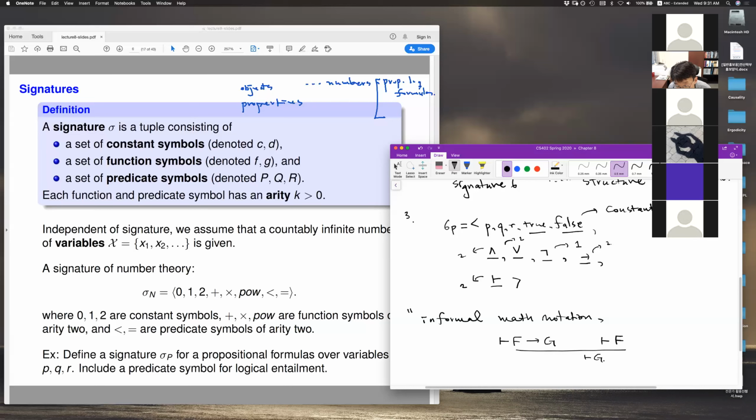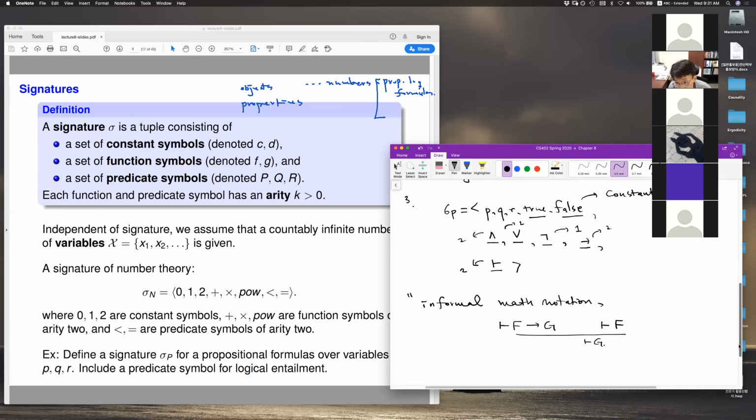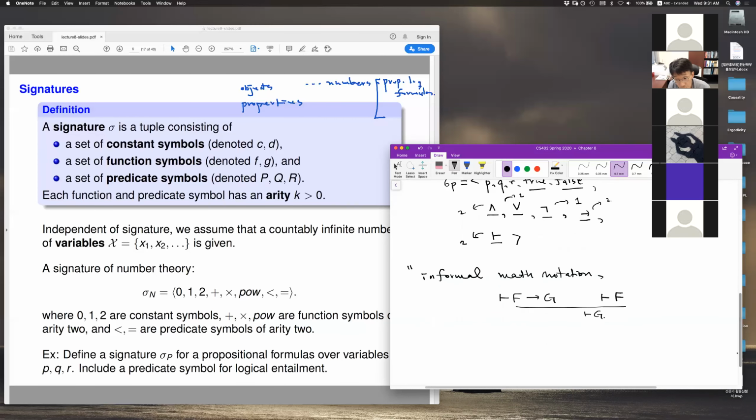So if F entails G is valid, or provable in some proof system, and F is provable in that proof system, then G is provable. That is a theorem that is often stated.